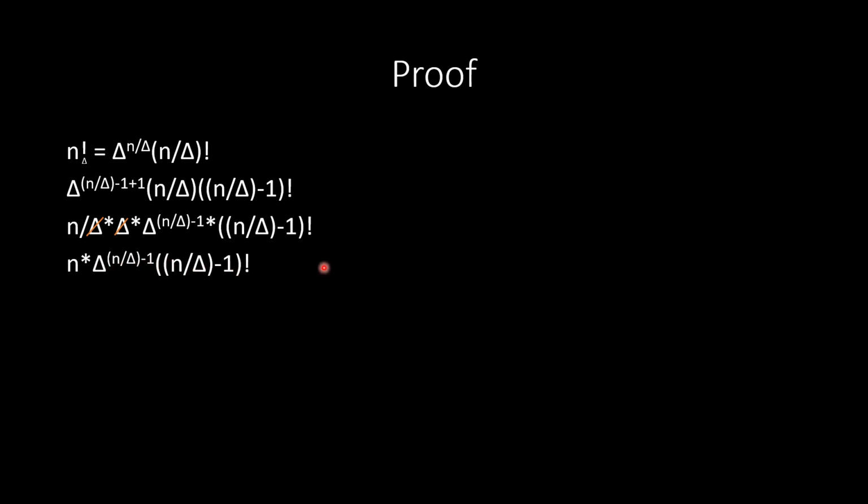Now making this a little bit neater, we can bring these minus 1s in with the n over delta by putting it over one denominator of delta. And we know that minus 1 is minus delta over delta.